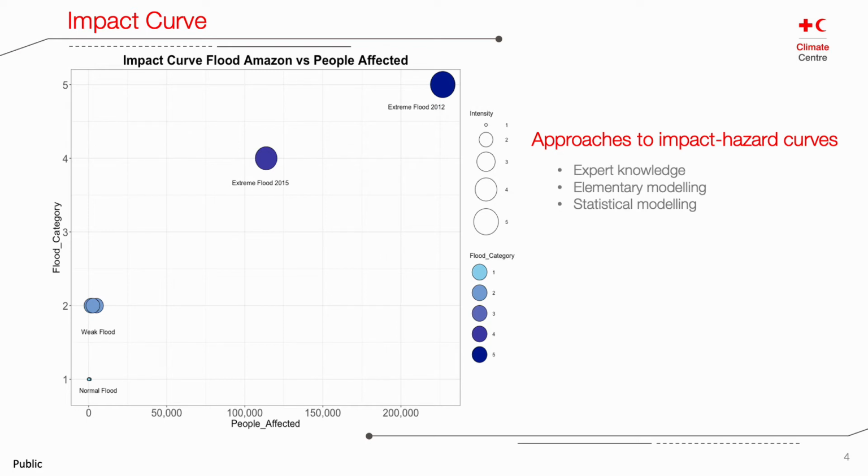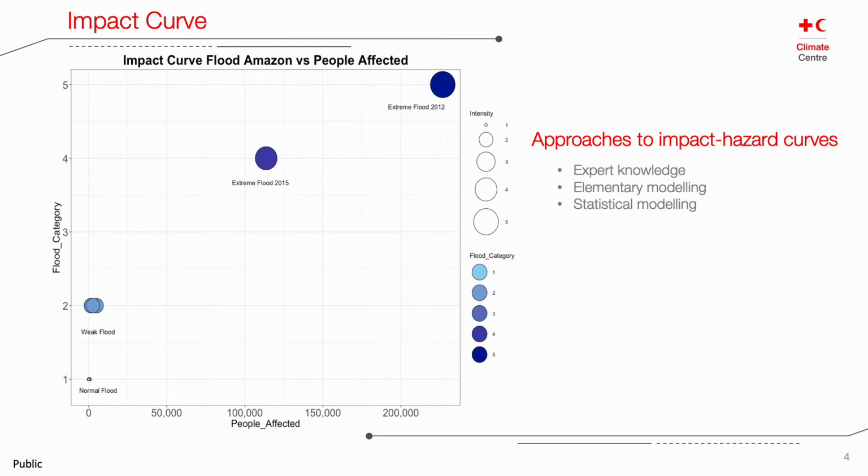Elementary modeling. This is a simple relationship that can be established. It's only a correlation with a couple of indicators. For example, the Peruvian Red Cross used people affected as historical impact and water discharge in a major river basin in the Amazon.